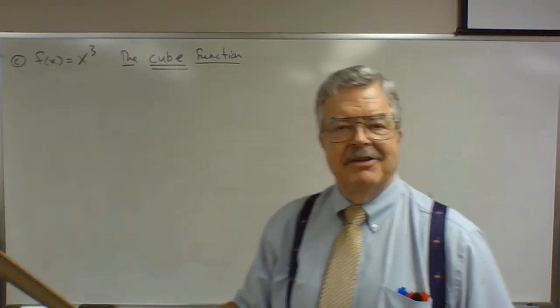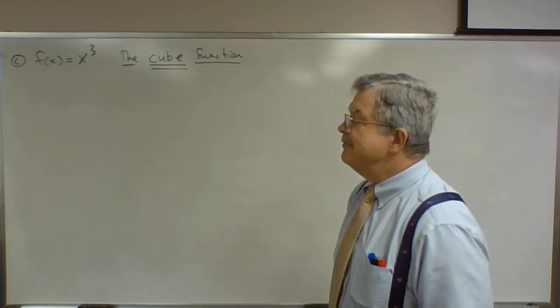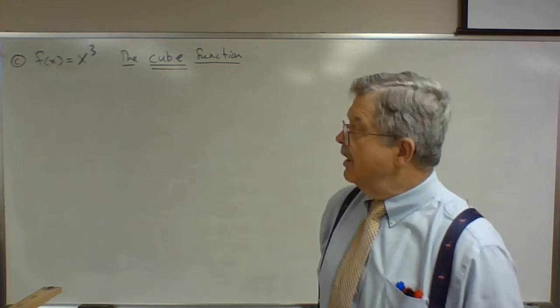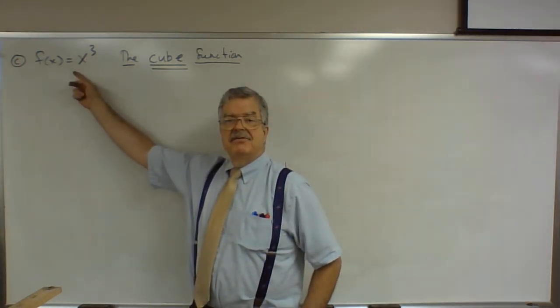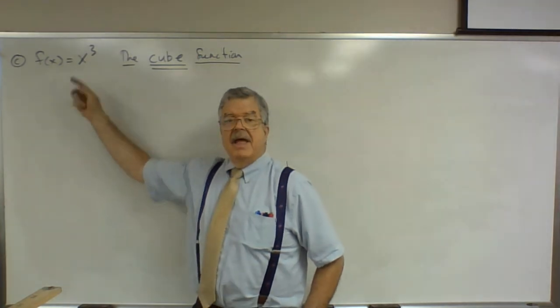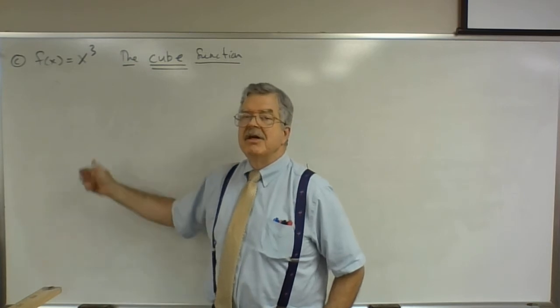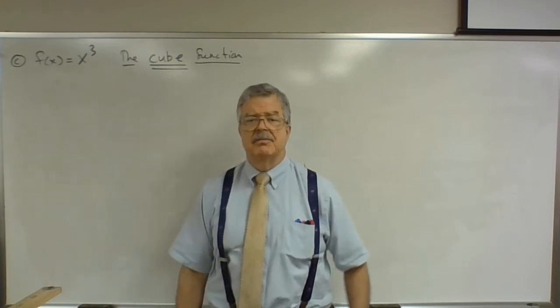Oh, if you thought that last example was hard, this is going to be a real killer. The cube function, f of x equals x cubed. We want to be able to know what the graph of this function looks like. And when we see the graph of this function, we also want to know that the graph represents f of x equal x cubed.